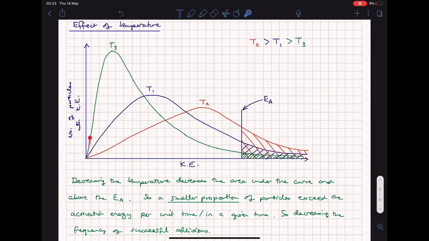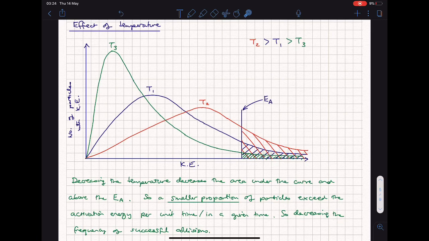So what you see then is this, and you can see that the area under the curve above the activation energy for the lower temperature, which is T3 here, is smaller than that of the initial temperature T1. So decreasing the temperature decreases the area under the curve and above the activation energy, so a smaller proportion of particles exceed the activation energy per unit time or in a given time.